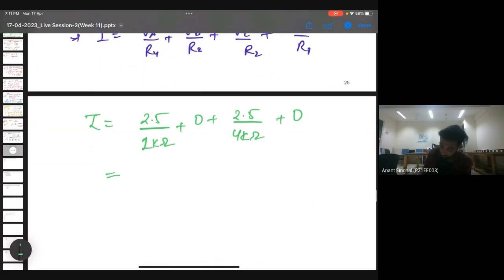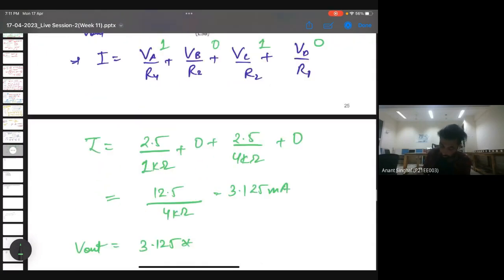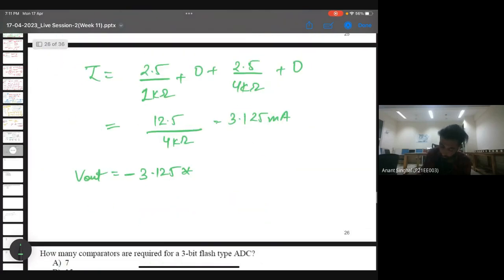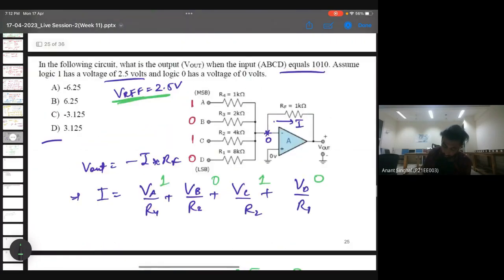So 4 kilo ohms will be the LCM, and this is 12.5 over 4, it will be 3.125 milliampere. V out is minus I into RF, RF was given as 1 kilo ohms. Milli and kilo will get cancelled, so the answer will be minus 3.125 volts, which is option number C.